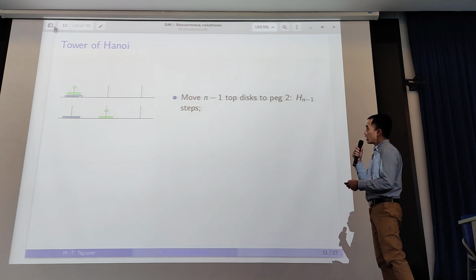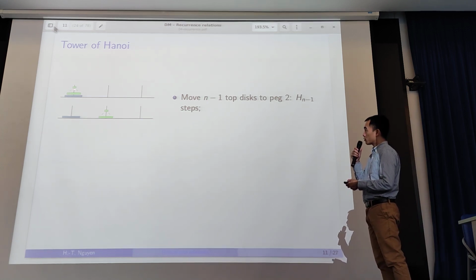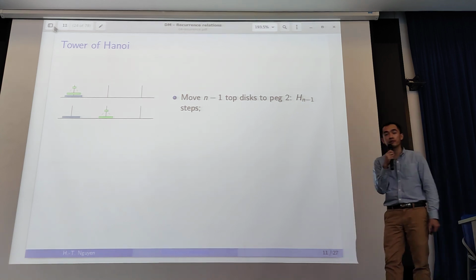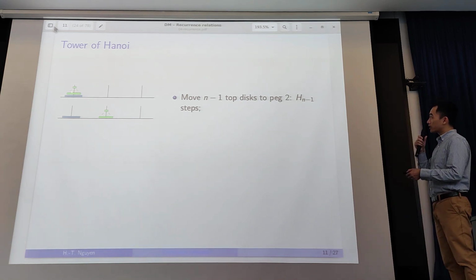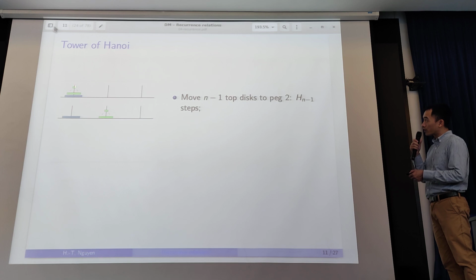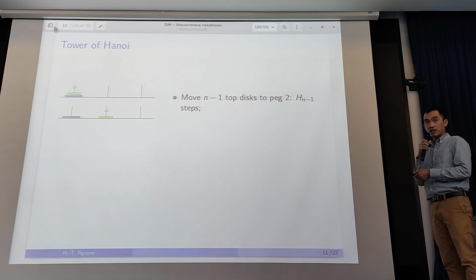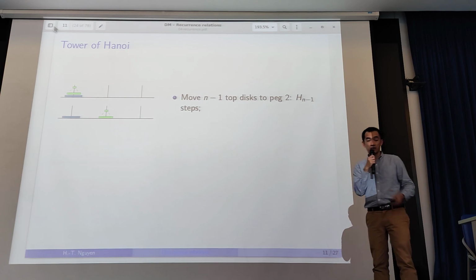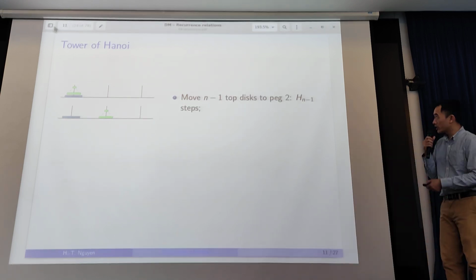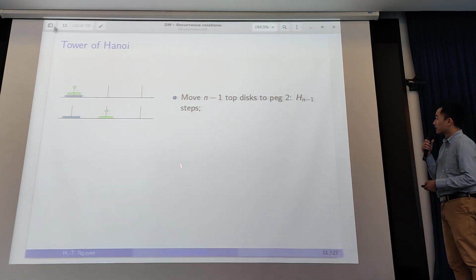So now, how many moves do we need in order to go from this initial configuration to this configuration? If you ignore the blue disc here, it is as if you move the whole n-1 pile from here to here. So it is the same problem, but with one fewer disc.